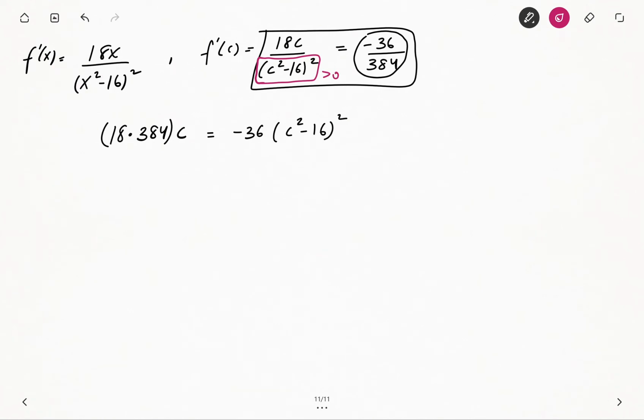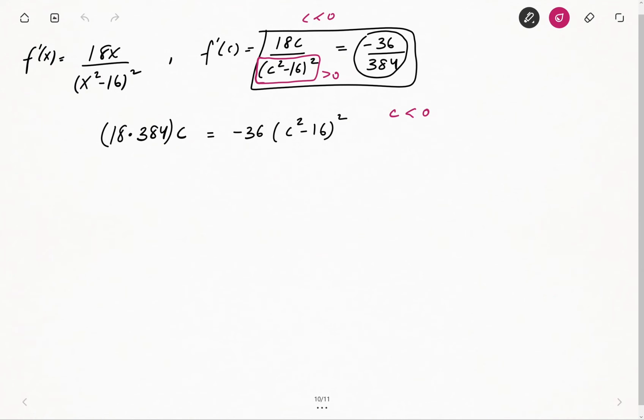So the only way you can have a negative on the left side would mean that c has to be less than 0. Or else you won't be able to get a negative sign. So the only values of c that are going to satisfy this equation are values of c less than 0.